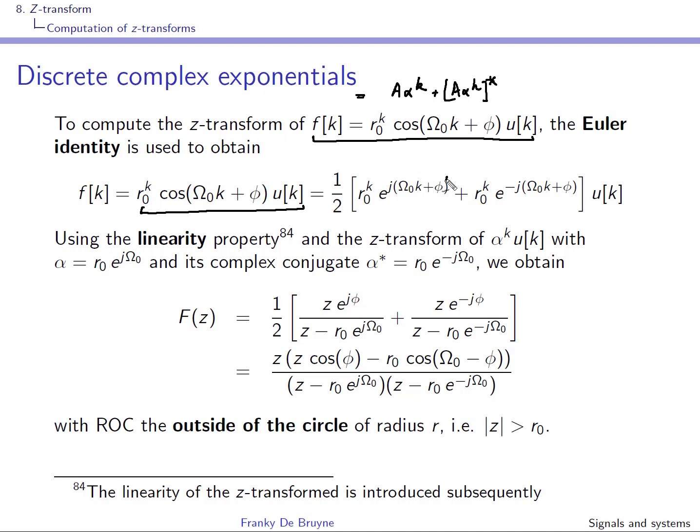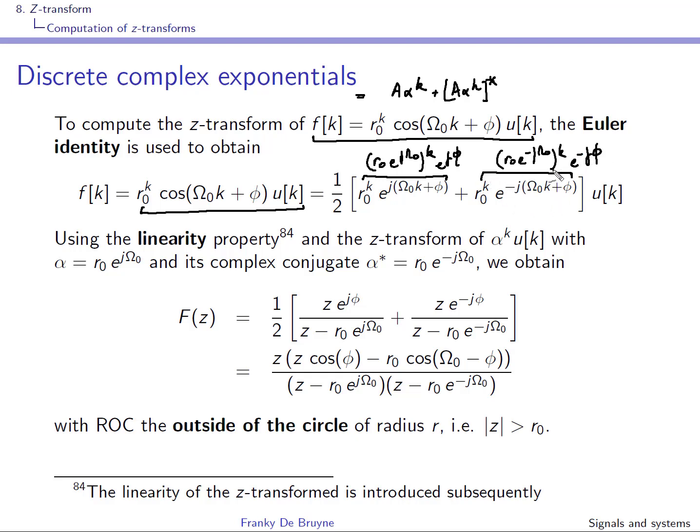This you can rewrite as R0 exponential of j omega 0, to the power k, times exponential of j phi, and this one you can rewrite as R0 exponential of minus j omega 0, to the power k, times exponential of minus j phi.